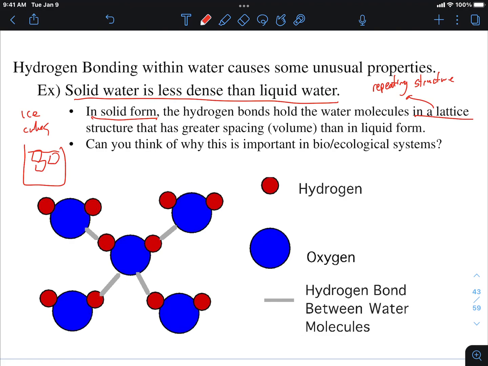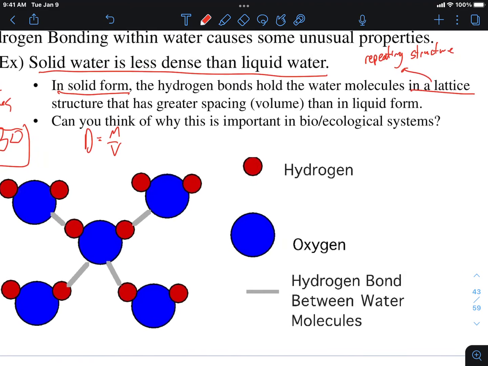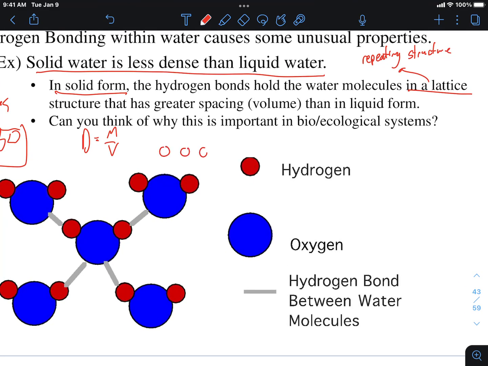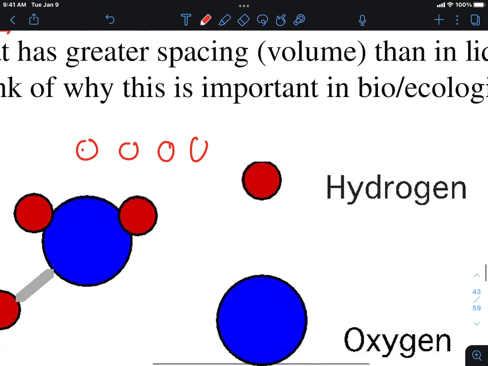So the total volume of people in a human pyramid is greater, and density is mass over volume. But what always happens to a human pyramid after like 35 seconds? They all fall. So you go from something like this, you got these people kind of arranged.